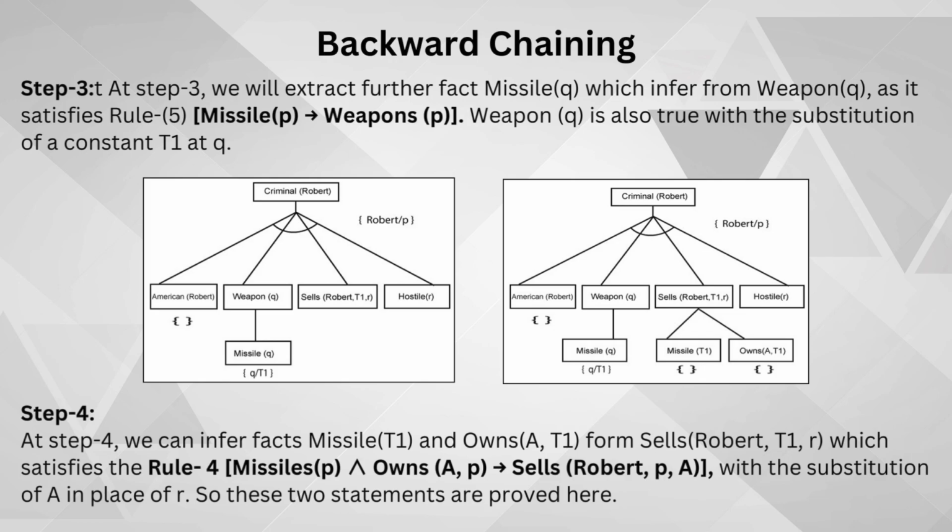We now know that Robert sold a missile T1 to country A, and this fits with rule 4. It is like finding more clues that let us closer to the truth.